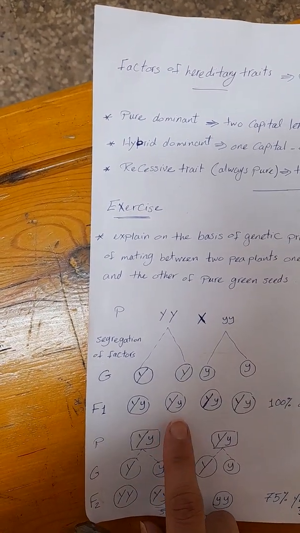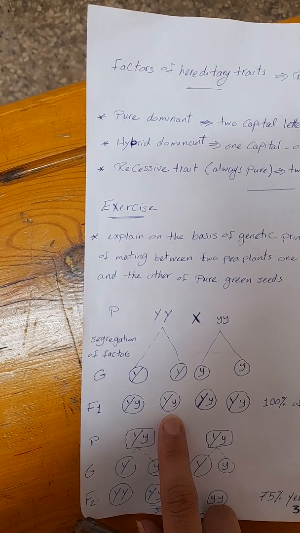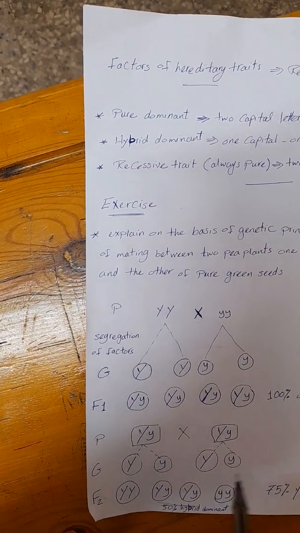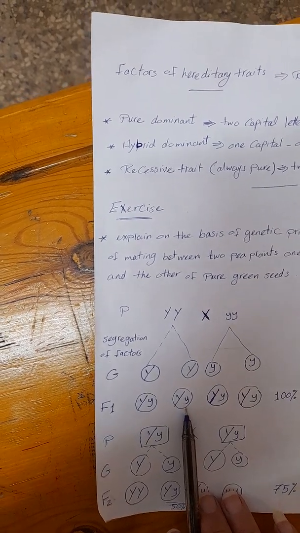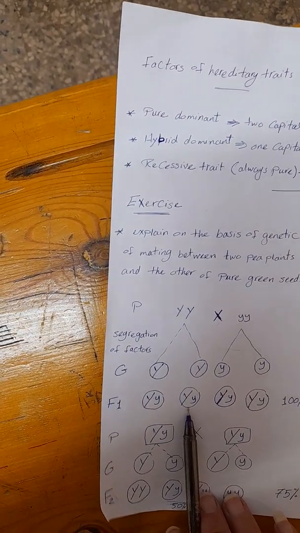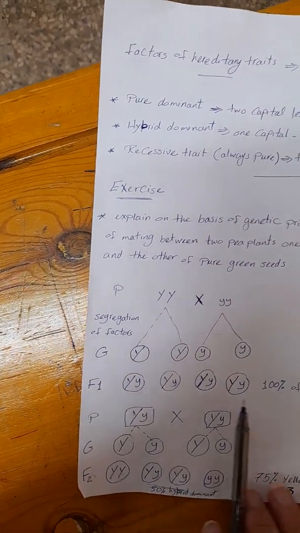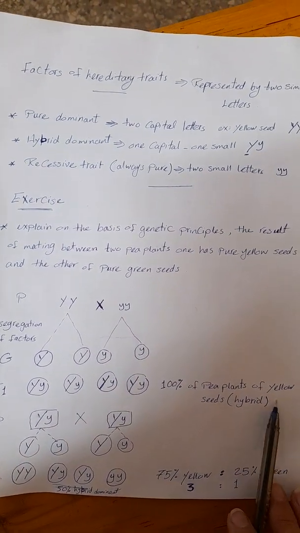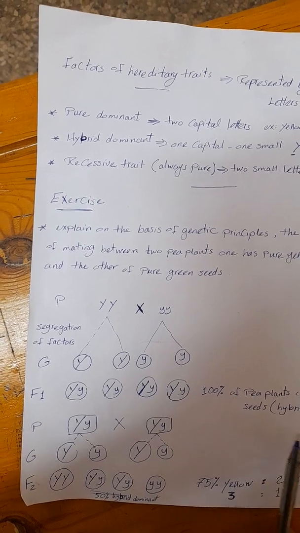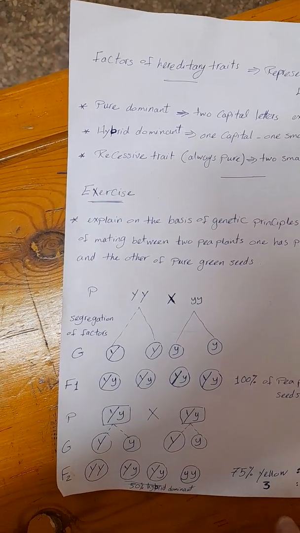This trait is dominant hybrid because one factor is dominant and the other factor is recessive. So 100% of pea plants have yellow seeds, a hybrid dominant trait.